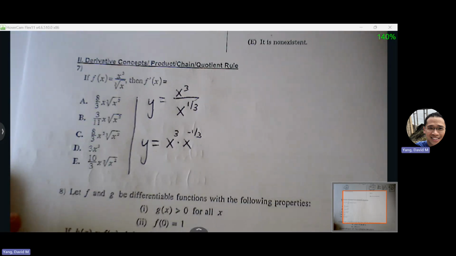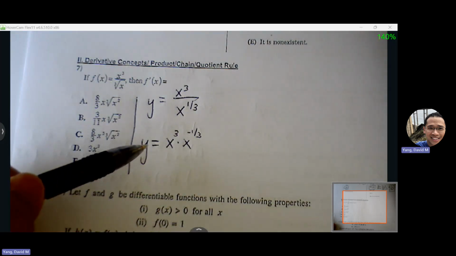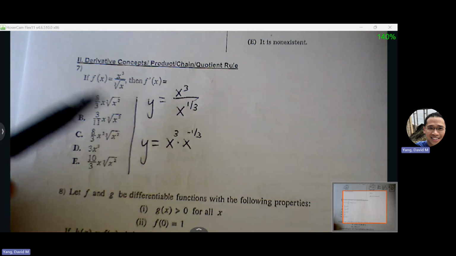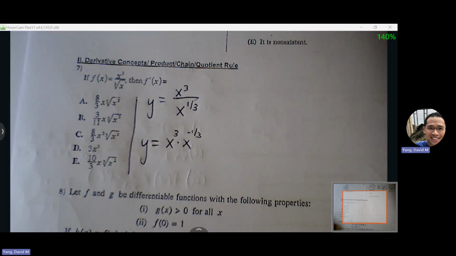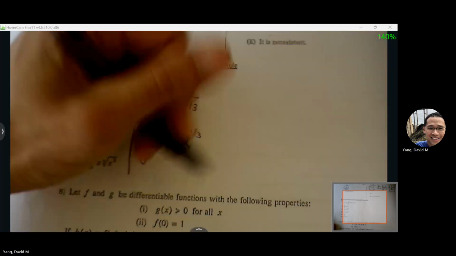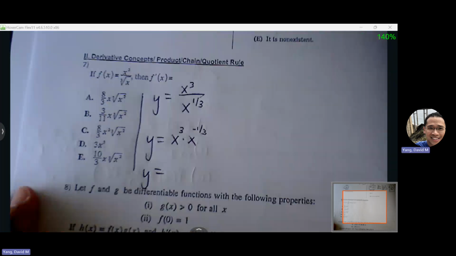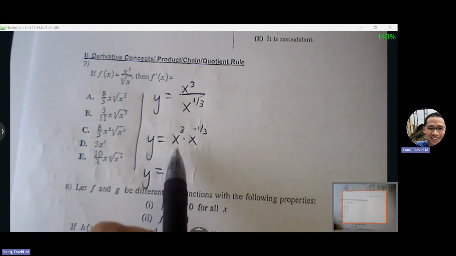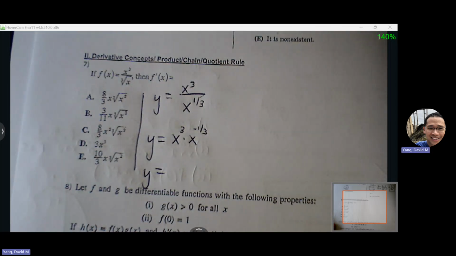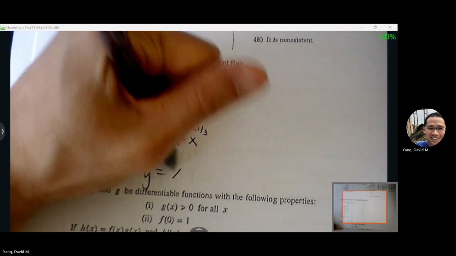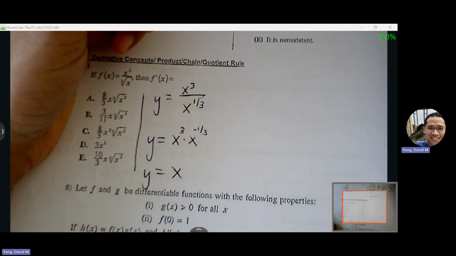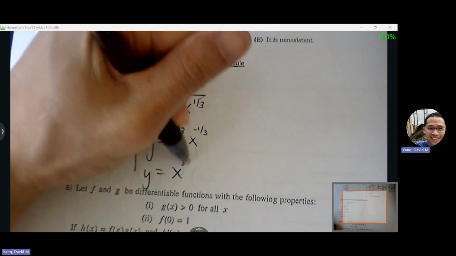Now you could go through quotient rule and product rule depending on where they are, but it's going to make it messier than you would like. So I think the preferred path is let's go through power rule, but only after we've merged them together. If I'm trying to multiply bases, I'm going to be adding exponents, right? So 3 minus 1/3. It's going to be the same thing as 9/3 minus 1/3, which is 8/3.